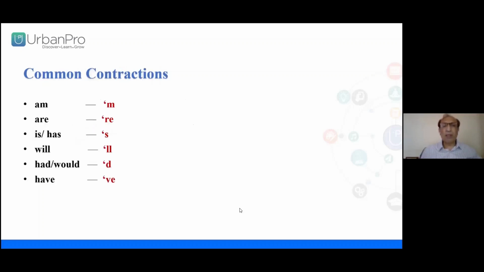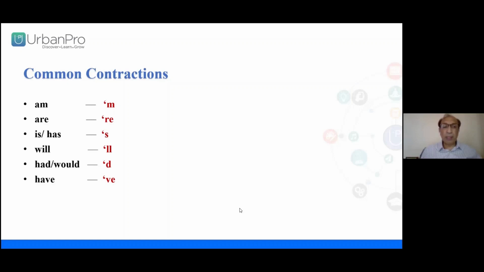Okay. So what are the common contractions? See, as we saw earlier on, a contraction is nothing but a combination of a pronoun along with a modal or an auxiliary verb. So the common candidates for contraction you can see are listed here as am, are, is, has, will, had, would, have.